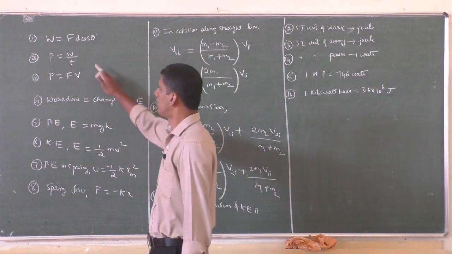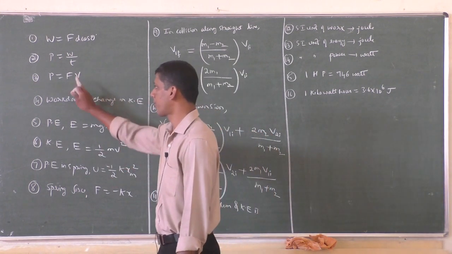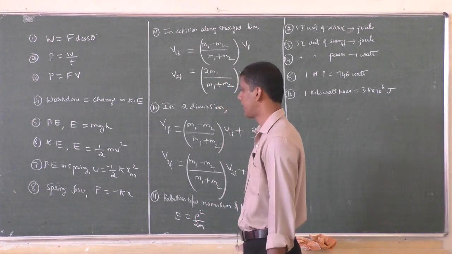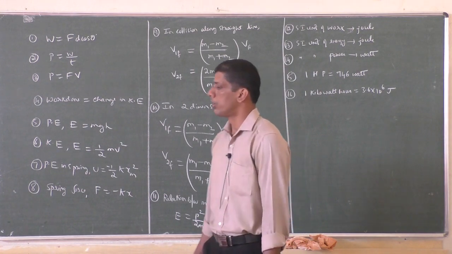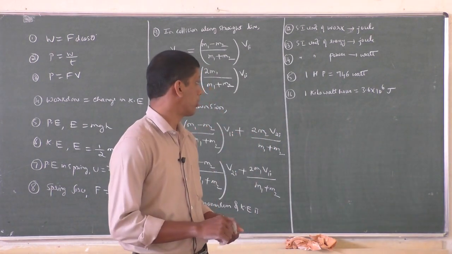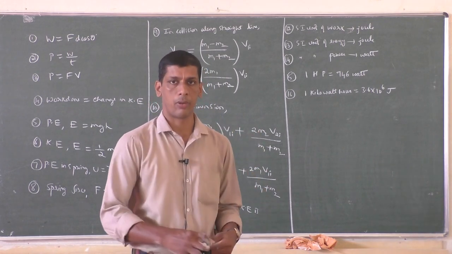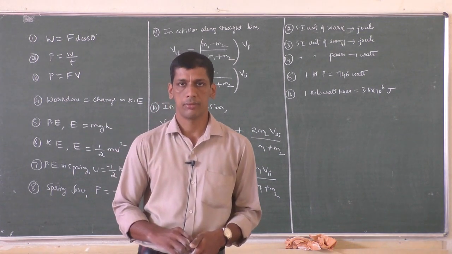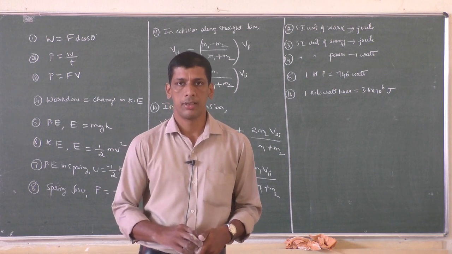Power is nothing but the rate of doing work, and another formula is P is equal to F into V. We have to solve a variety of problems in this chapter, and by making one formula list we can solve the various problems. Hope you understood this derivation as well as the formula list concept and the concept of work done. Thank you.